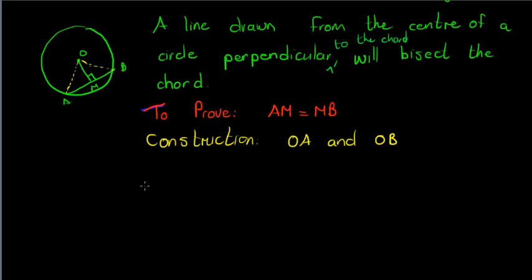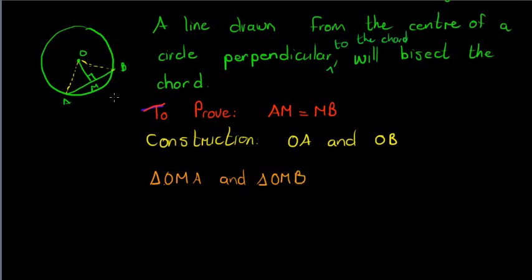So what we have is that we want to obviously show these two triangles to be congruent. Okay, OMA is congruent to OMB. That's what I want to show.